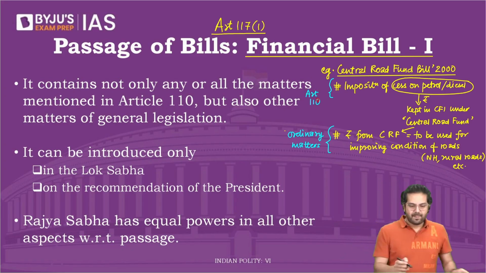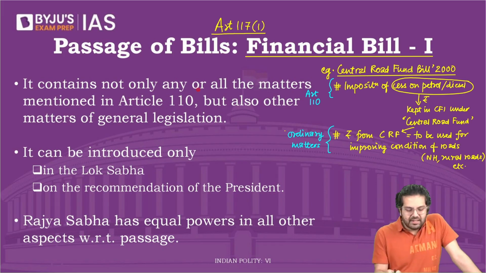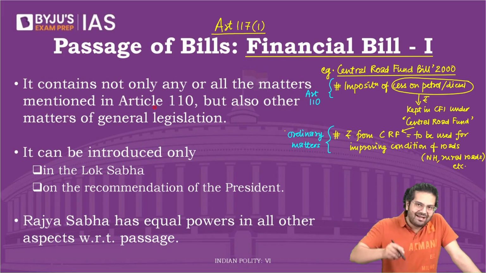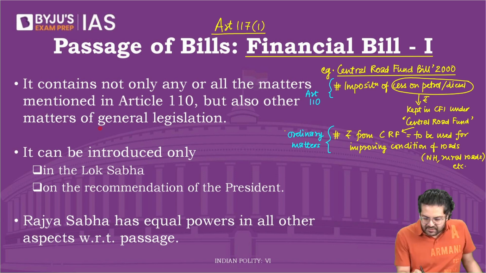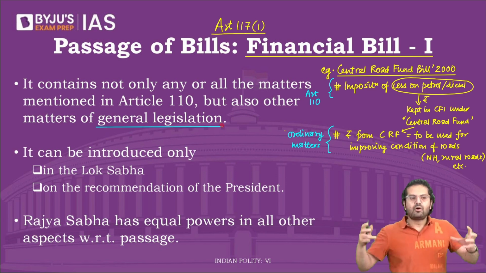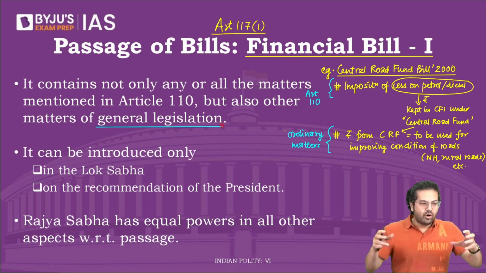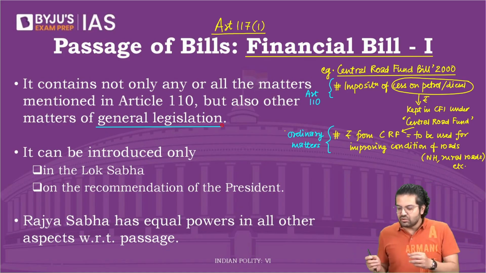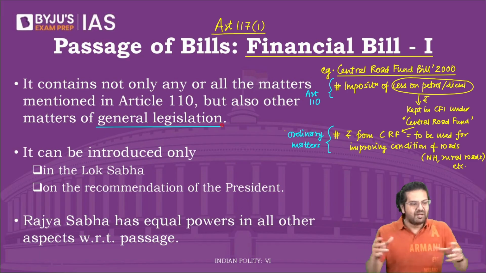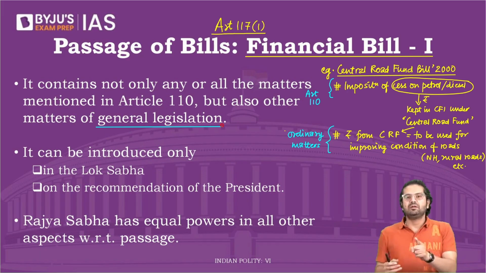Such bills which not only contain matters under Article 110 but also other type of general matters, general legislation, a combination of ordinary plus what? A combination of ordinary plus money bill is what?